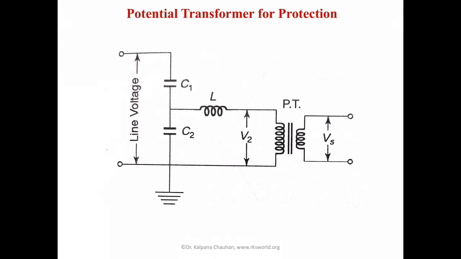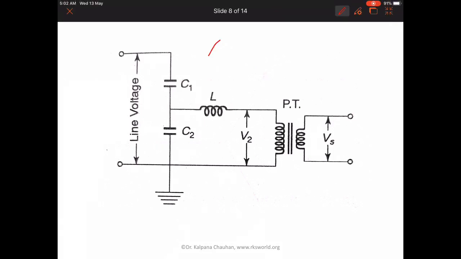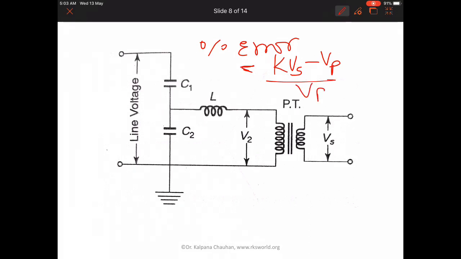The percentage error is given by K times VS minus VP over VP, where K is the nominal voltage ratio, VS is the secondary voltage, and VP is the primary voltage. Again, K is the nominal voltage ratio.